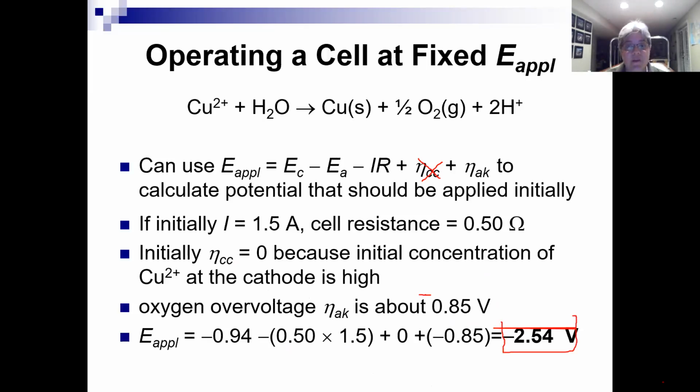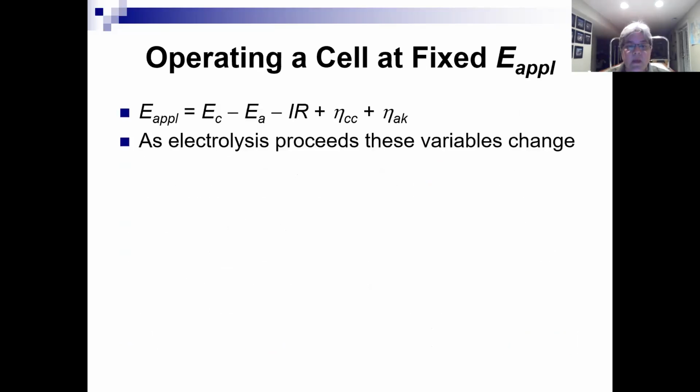That is very different than the Nernst equation. When I consider all of these other factors, the potential I need just to make this start is minus 2.54 volts. Very negative reaction. Unfortunately, as this electrolysis goes, as we start depositing copper on the electrode, everything in this reaction changes.